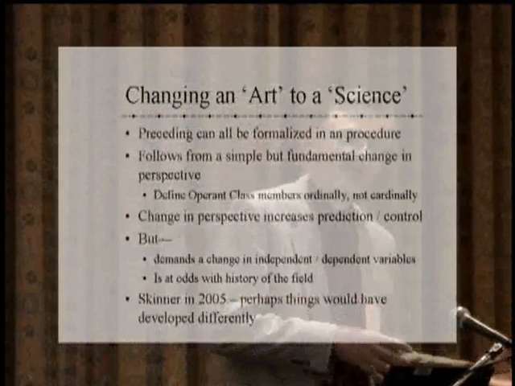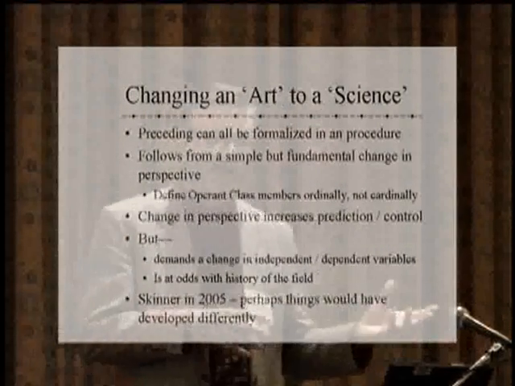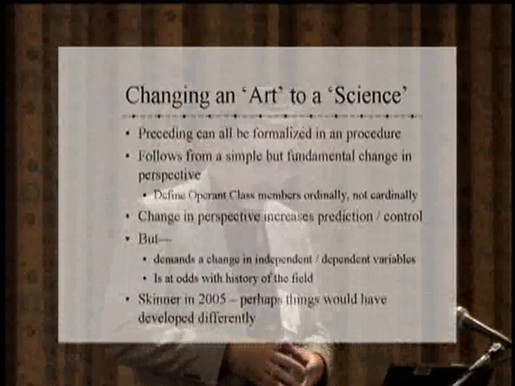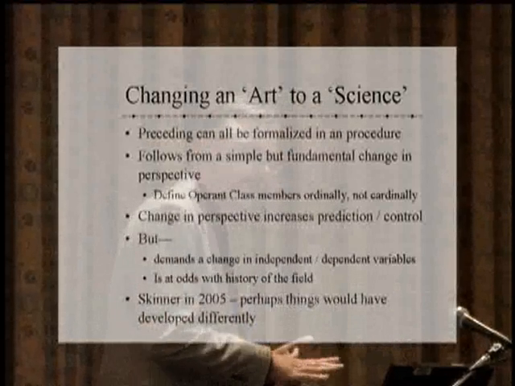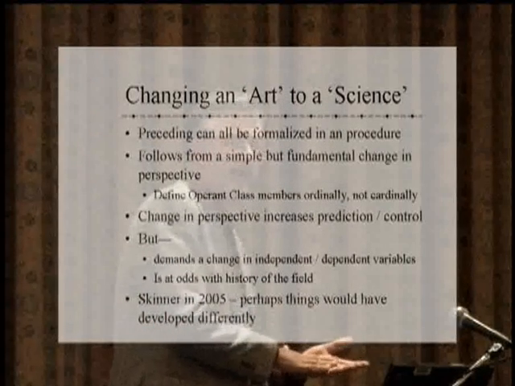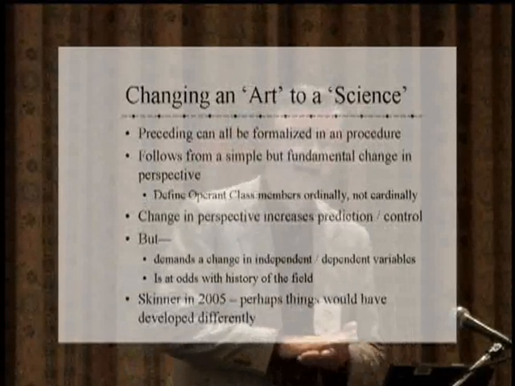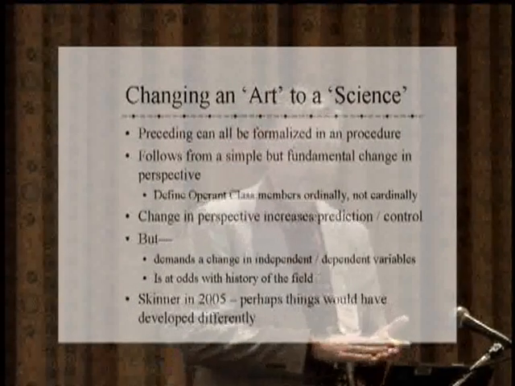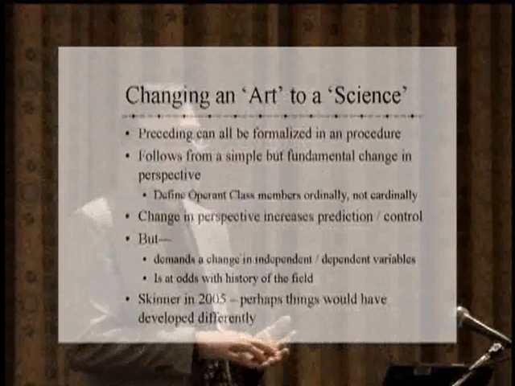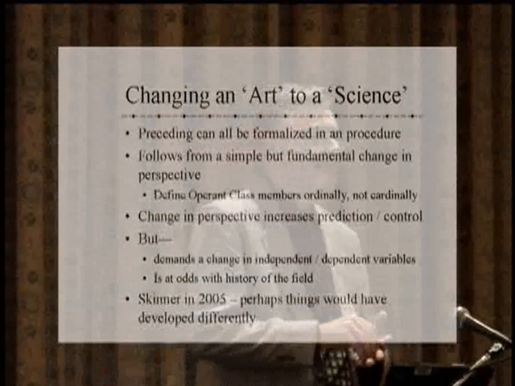So how do we go about changing these qualitative golden rules from an art to a science? Well, the preceding can all be formalized into a procedure. And it can be formalized following a very simple but fundamental change in perspective.